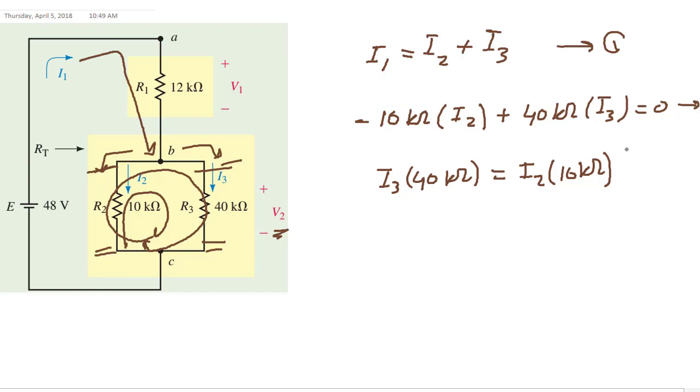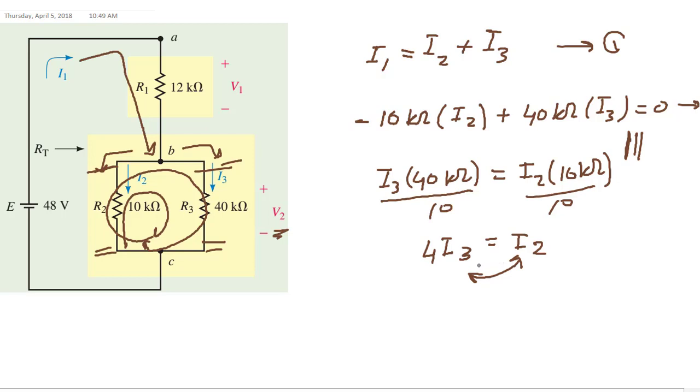This is the same thing actually. These two things are exactly the same thing. If we take this to the other side and divide by 10, we get that 4 multiplied by I3 equals I2. In other words, I2 is 4 times bigger than I3.